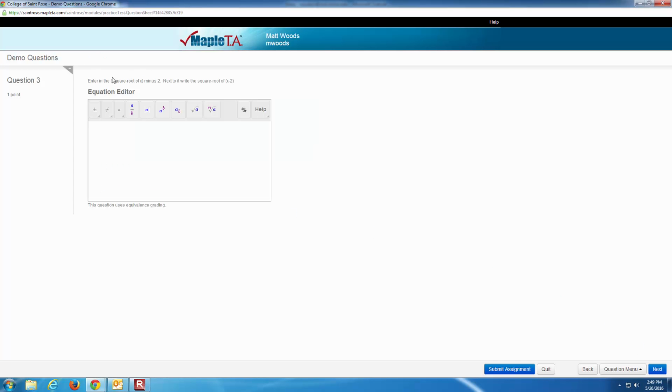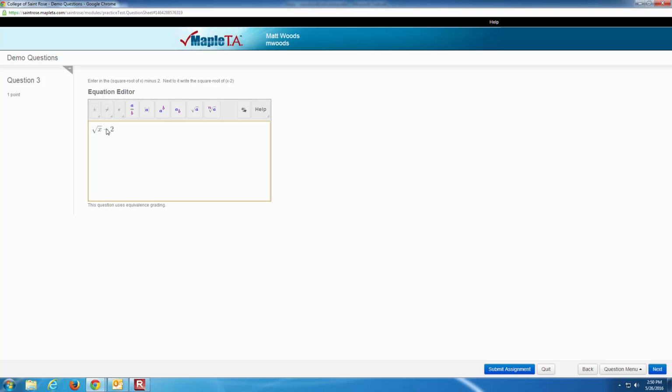Alright, so this is going to involve the square root sign. Square root of x minus 2. So here's the radical sign. I backspace the a and enter in what I want. So this wants just x. I'm all done with the square root sign. I hit the right arrow. Minus 2.